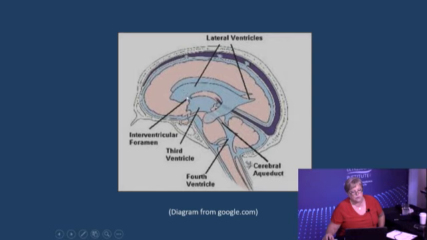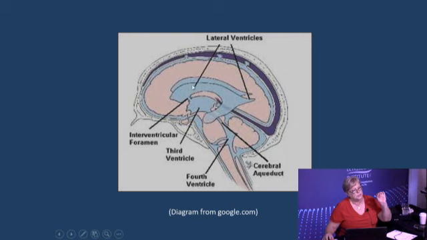Then from here going over through the foramen of Monro to the third ventricle. And then this is the Sylvian aqueduct here, which connects the third to the fourth. And then the fourth down through Magendie and Luschka going down to the spinal cord. But this is the natural flow, the two lateral ventricles, down to the third ventricle, down to the fourth ventricle.